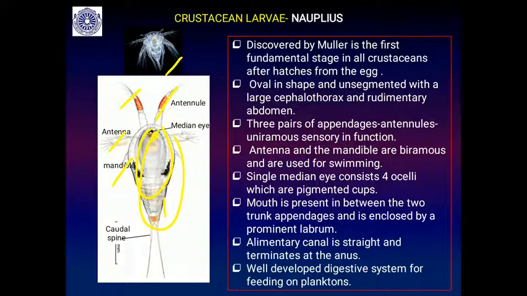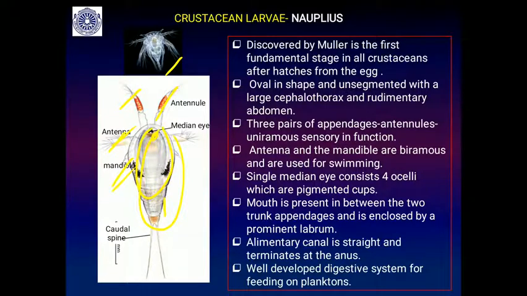The small lens pieces are called ocelli, which are pigmented cups. The mouth is present between the trunk appendages, enclosed by the labrum, the upper lip. The alimentary canal is straight in this Nauplius and terminates in the anus.